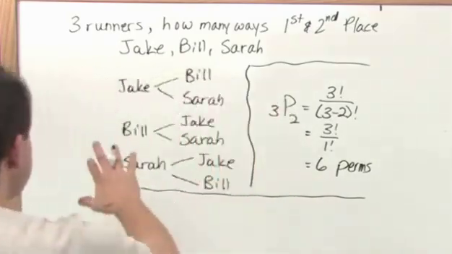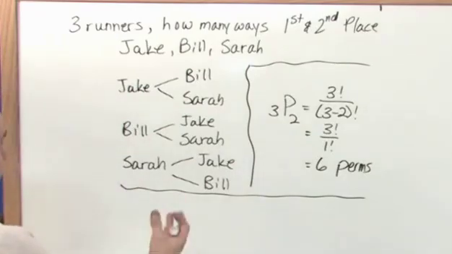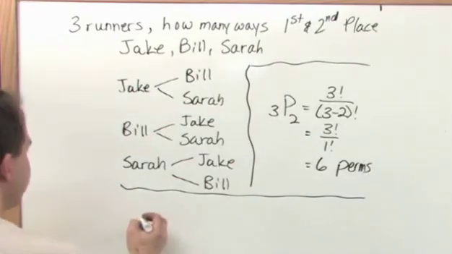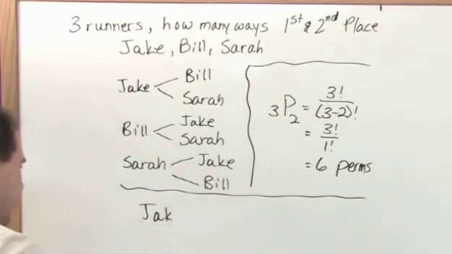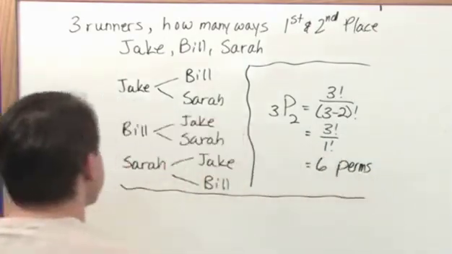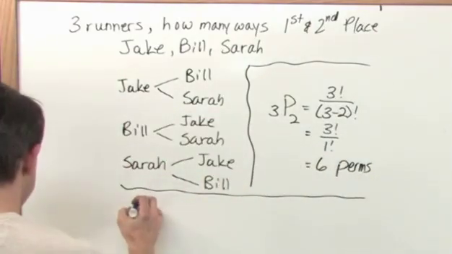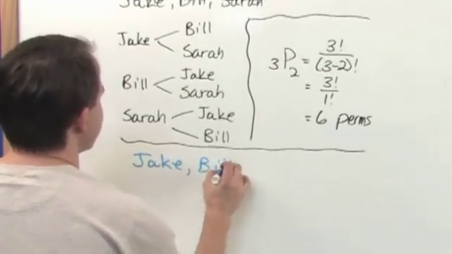So if we were going to pick these people, and we have Bill, Jake, and Sarah, how could we do it? What I want to do now is switch colors because it'll make it a little bit easier. We could pick Jake and Bill to go on the trip.